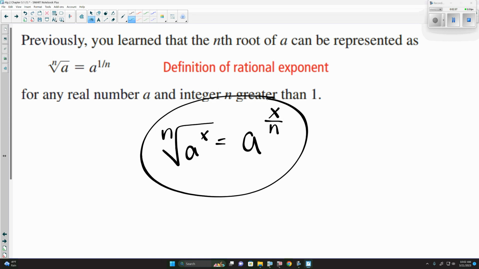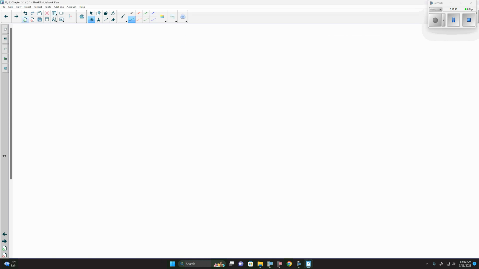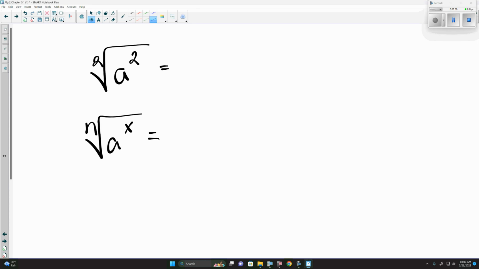And this here is actually quite a nice explanation, and it works out very nicely, because if we think about stuff we've done before, if we said the square root of a squared, well, we've just said that this is just a, because a square root and square cancel each other out. Now, if we use what we just saw, the nth root of a to the x is equal to a to the x over n.